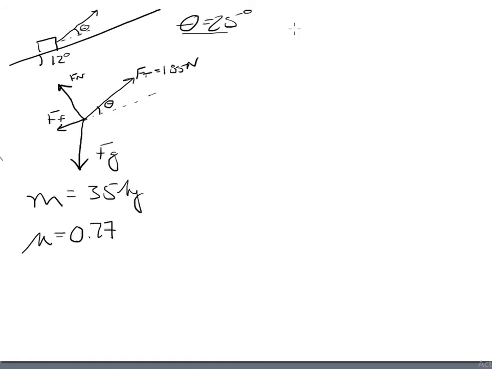So what we want to think about first in this problem is which direction the object is accelerating. I would say it's probably a fair, safe bet to say that it's going to accelerate up this particular incline. Not the direction of this force, but up the incline. So what I want to think about is where my x and y axes begin, and that would be with the horizontal.